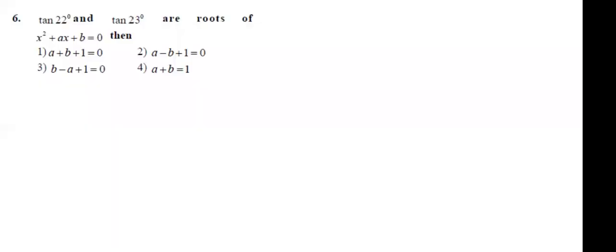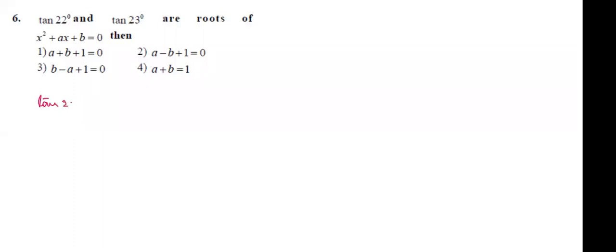Sixth question. Tan 22.5 degrees, tan 23 degrees are roots of x square plus ax plus b is equal to 0. Then, so here roots given, find sum of the roots first.